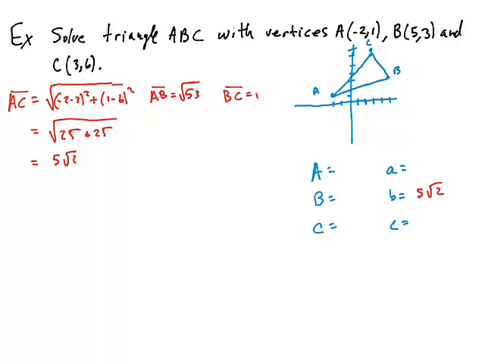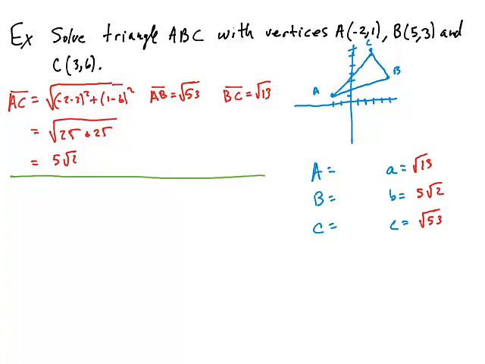For BC, we get square root 13. So side AB is the same thing as calling it side C. So this is square root 53, and then BC is the same thing as side A, so that is square root 13.